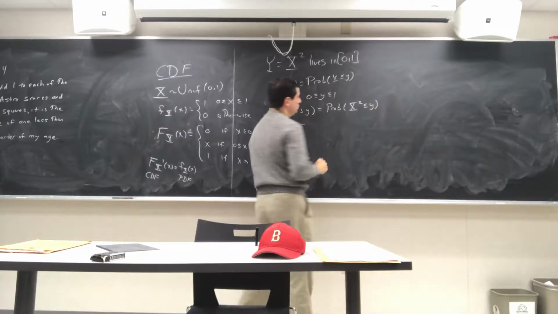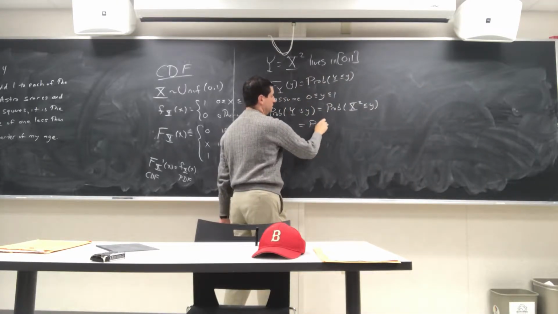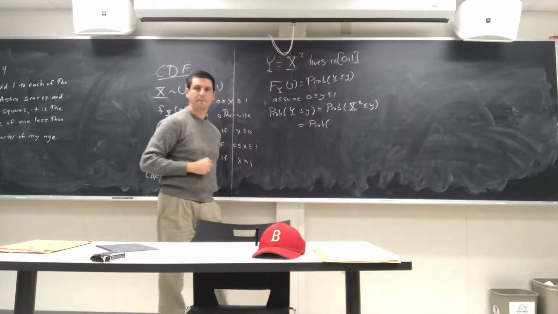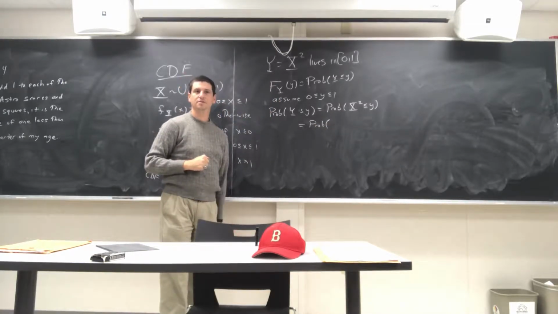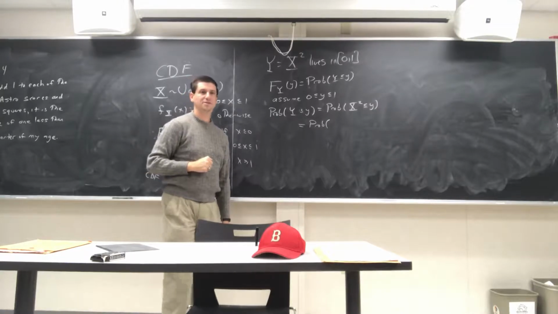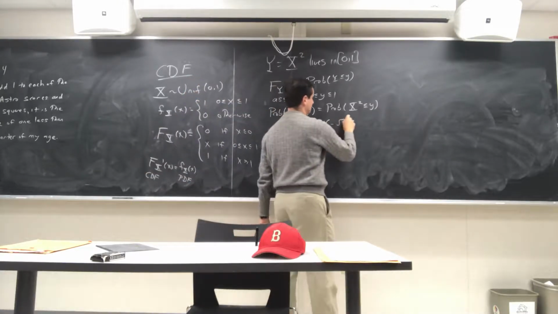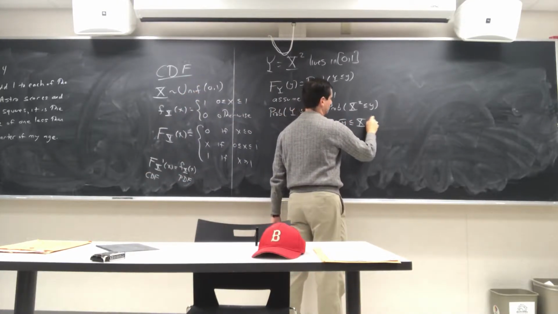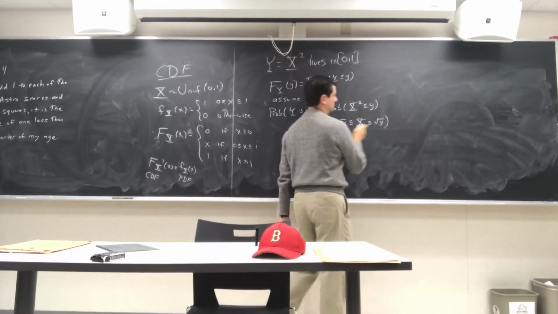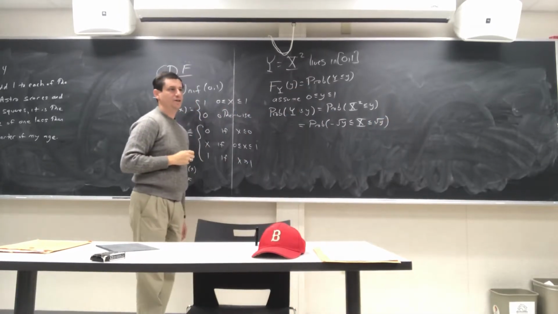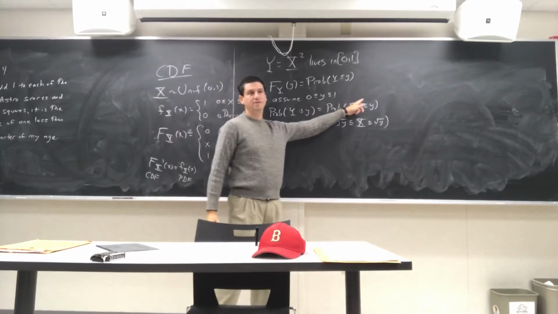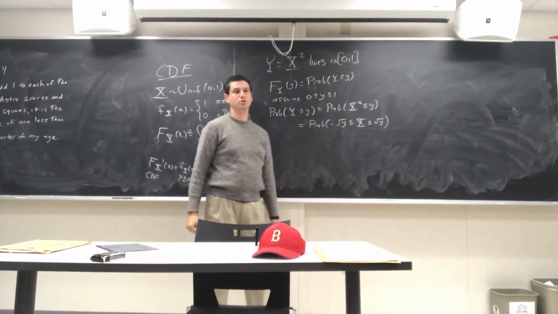Yeah. So this is the same as the probability of what? I want things in terms of X. Yes? So between minus root y and root y? Yes. You have to be careful. Right? Because X could be negative, and it would still square to something at most y.